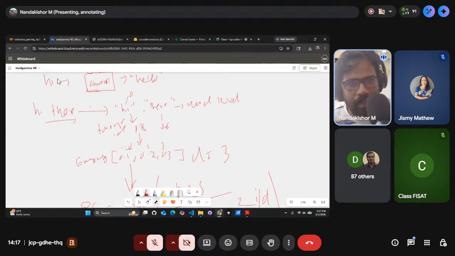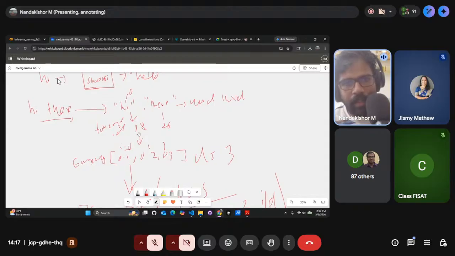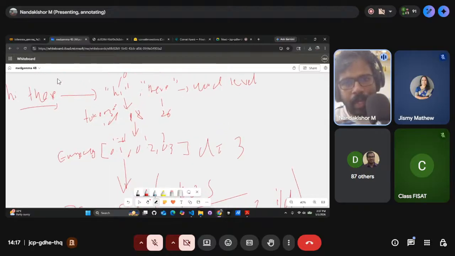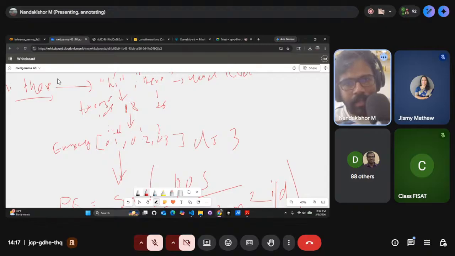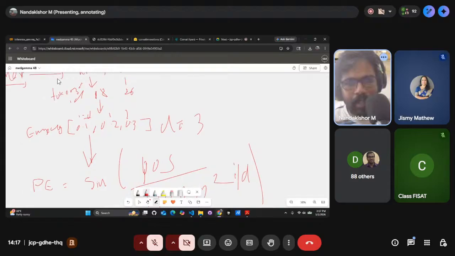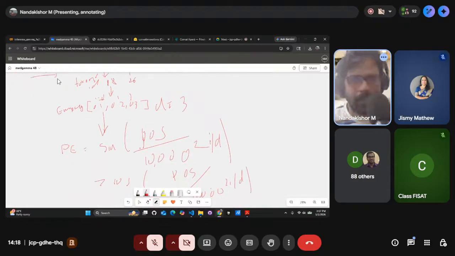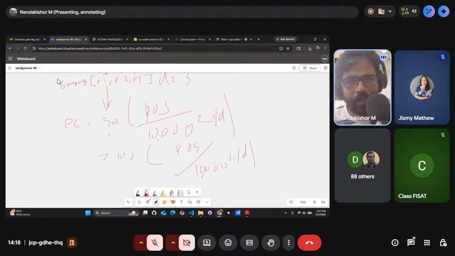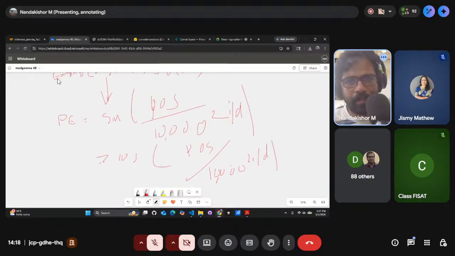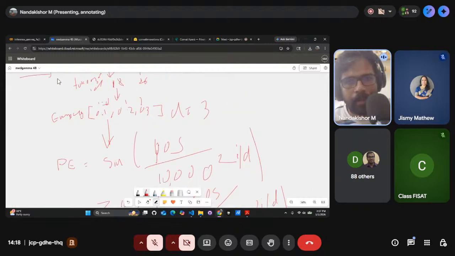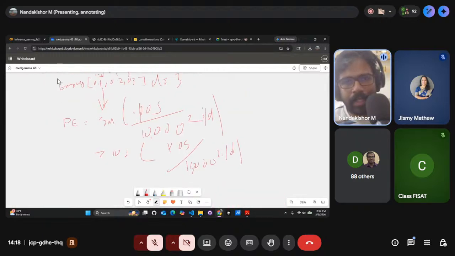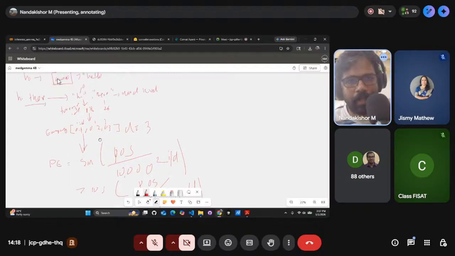So you split the sentence into words, convert them to token IDs, and convert these token IDs to embedding vectors, where the dimension is 3. Then you add positional vector values. The equation is sine for even positions and cosine for odd positions.